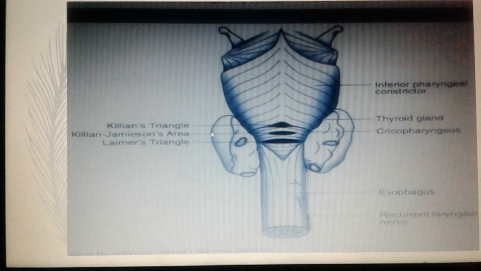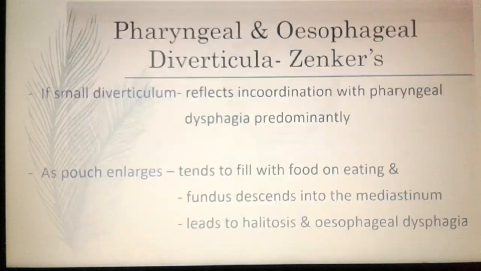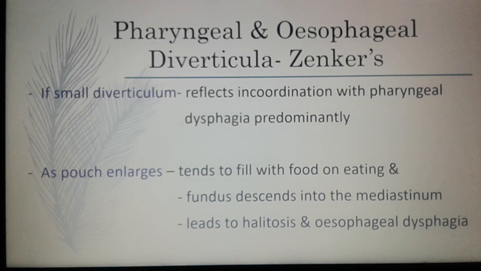The first one is known as Killian's triangle, through which this Zenker's diverticulum is coming out posteriorly. We have just seen an X-ray also, a large diverticulum coming out through this portion. Then the second one is Killian-Jamieson's area, and this third one is Lambert's triangle. So just go and study these anatomical landmarks after going through this lecture if you want.